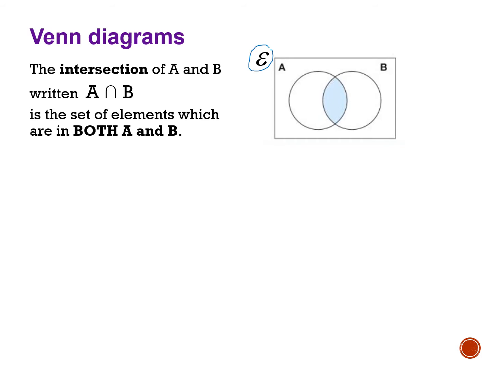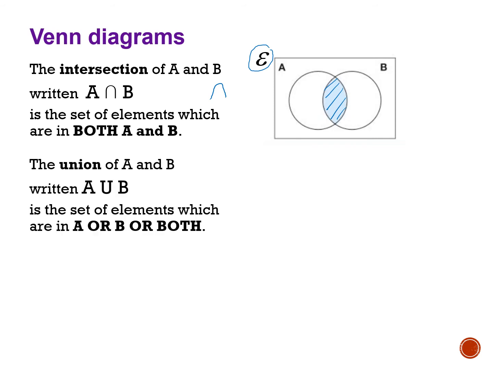The bit I've got shaded here, so make sure you've drawn this down in your notes, pause the video if I'm going a bit quick for you, is the intersection of A and B. It's where they overlap, and that is where you have elements that are in both A and B. This symbol here means the intersection, so that means in both of them.